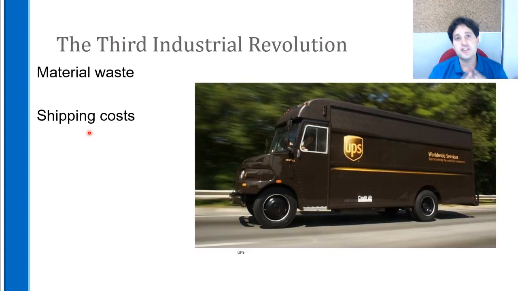The second one is shipping costs. Additive manufacturing, and we'll discuss this a bit more later as well, allows a lot less assembly, allows generating more complex geometries and objects, and therefore we can produce one part that's very elaborate instead of having a lot of them and combining them through assembly.